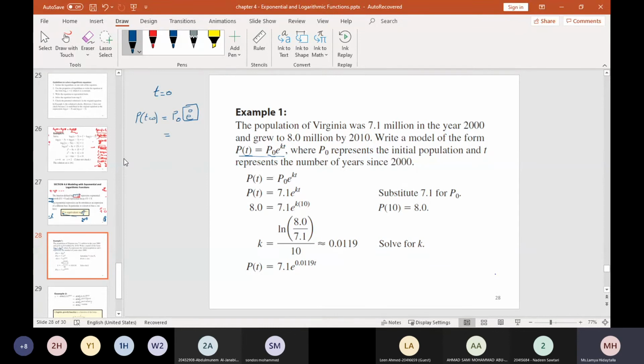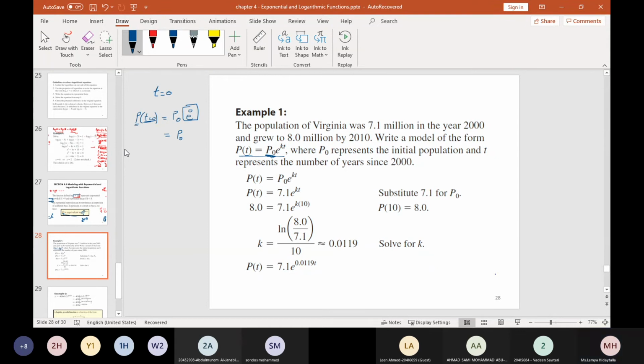Equal to 1, right? So the right hand side is going to be equal to P naught. So that means the population when time equals 0, that means initially. So always this P naught is the initial population that you are going to start with.